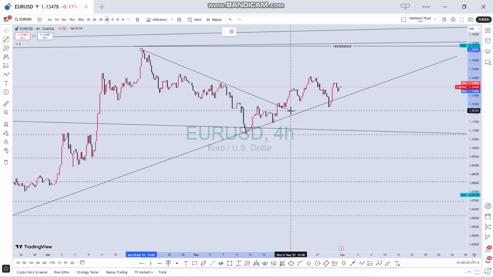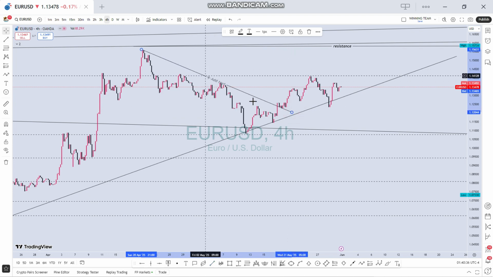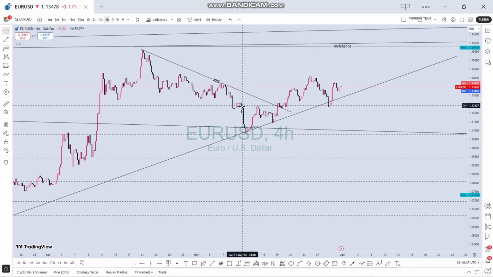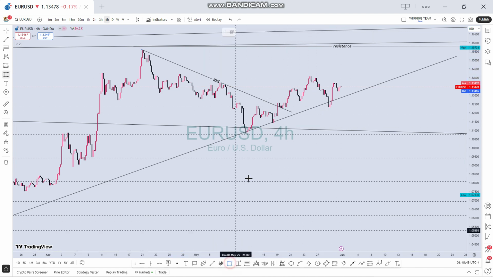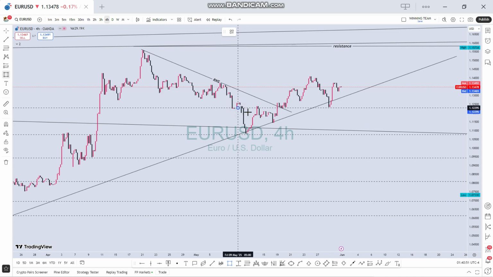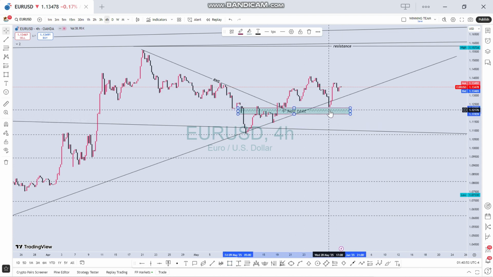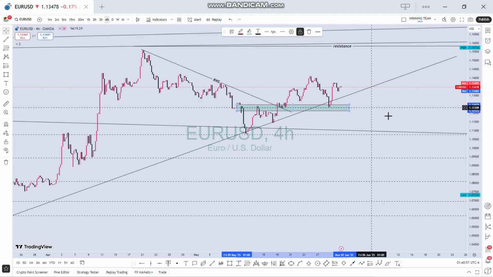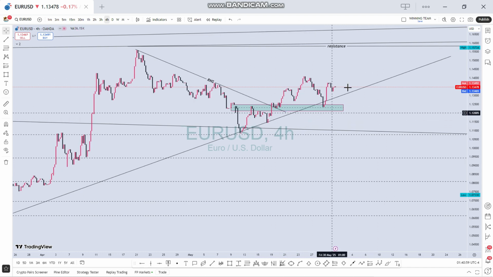If we draw that, we can see we had this area as a resistance, but now it has turned into a support. The market is trading above, and we can see here the neckline of the feet. If we draw this neckline here, we can see that the market did come and retest that area, and then started making those swing highs.